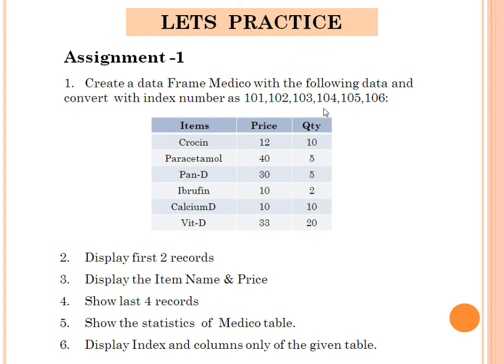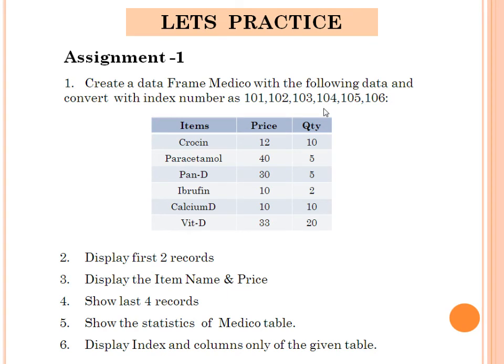So by default their index number is 0, 1, 2, 3, 4, 5, no? But you have to convert it to 101, 102, 103, 104, 105, 106 by using the index parameter. Clear? I think you can easily do this.